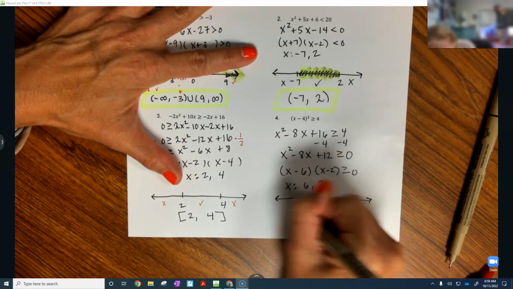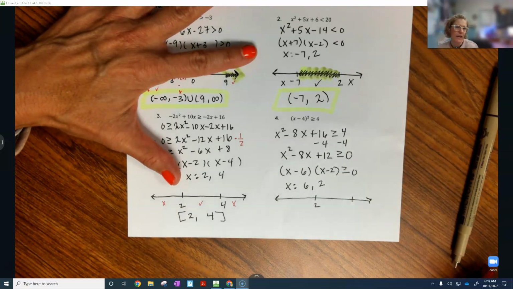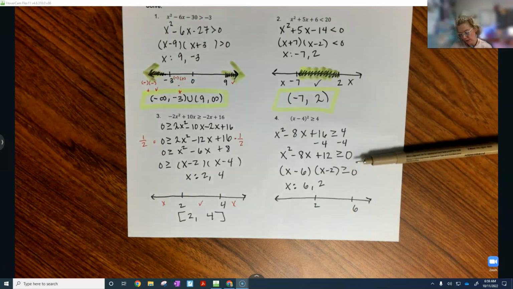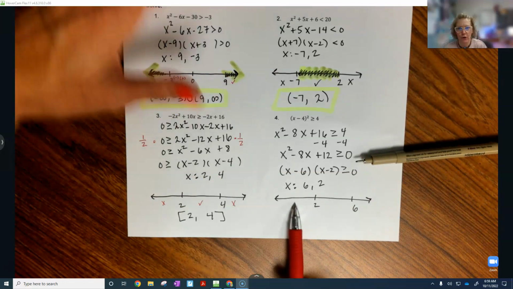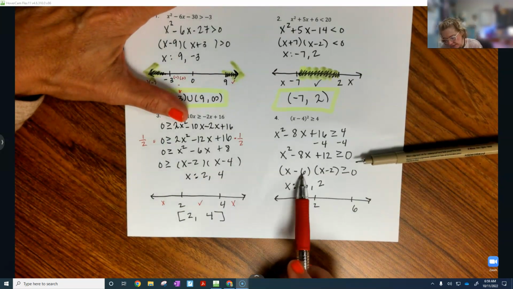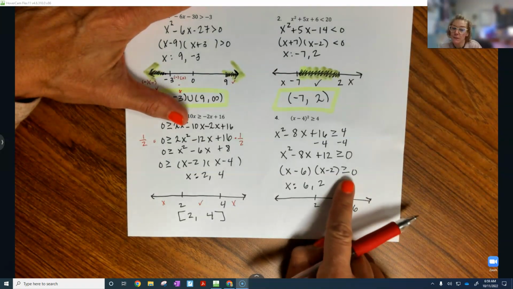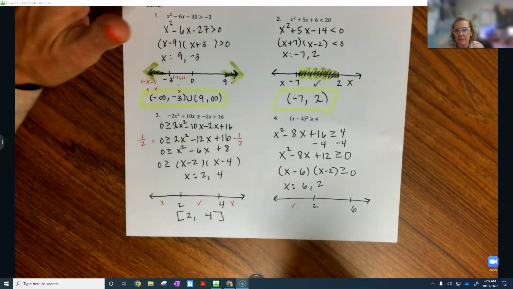So again, if I graph this on a number line, or really it's an x-axis where I'm analyzing where it crosses the x-axis. All right, so if I plug in something less than 2, again, my favorite number is 0 whenever I can. That's going to be a negative 6 times a negative 2, which is going to be a positive output, which is what we wanted. So I'm just going to remind myself that that is the good section.